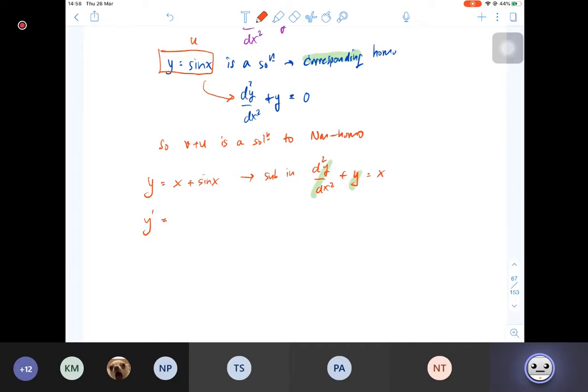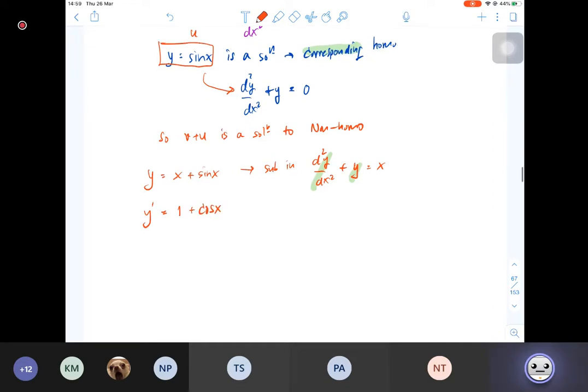So this y equal to x plus sine x, when we find the first derivative, you would have 1 plus the derivative of sine, cosine of x, okay?